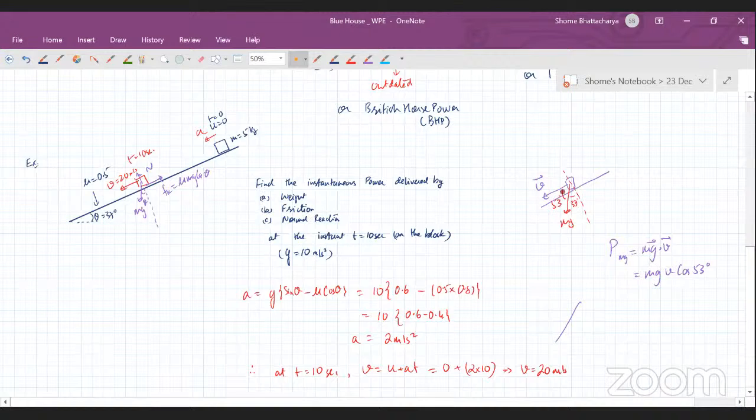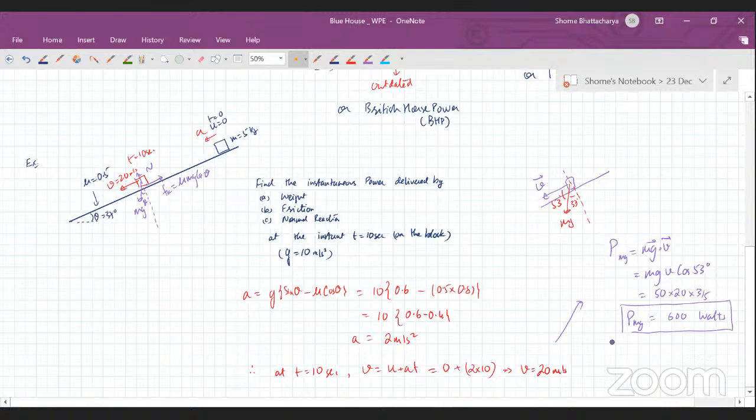So this will be equal to the weight, which is in this case 50 newtons, into the instantaneous velocity, which is 20, into 3/5. So that's becoming 600 watts. This is the power delivered by mg, the instantaneous power, at t equal to 10 seconds.